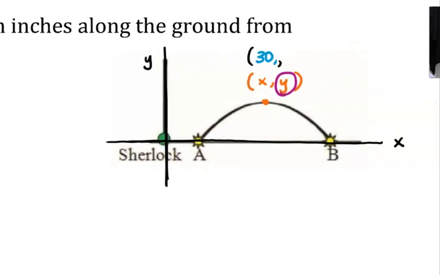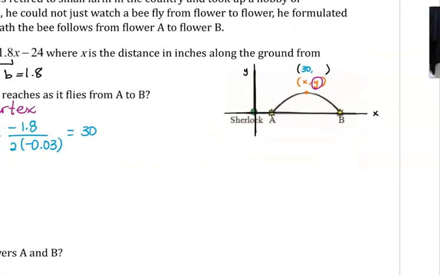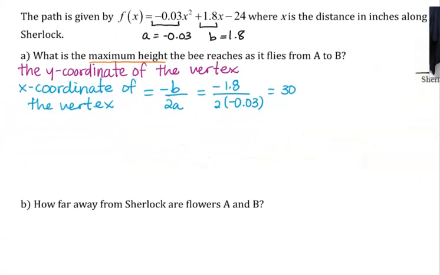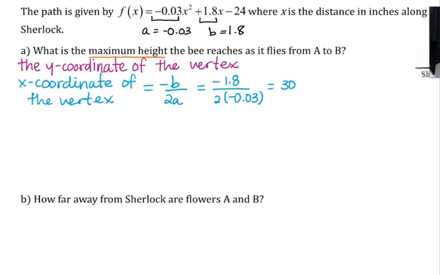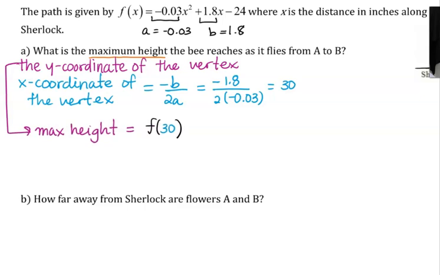So we know where the maximum happens. We know the x value it happens at, but we need to figure out what the maximum is. So now to get the y coordinate of the vertex, to get what the max height actually is, we're going to take the x coordinate of the vertex, which is 30, and plug that into the function f.